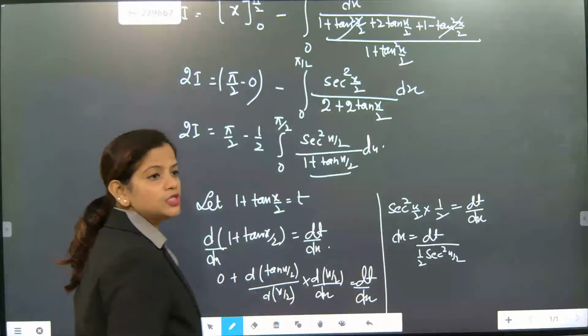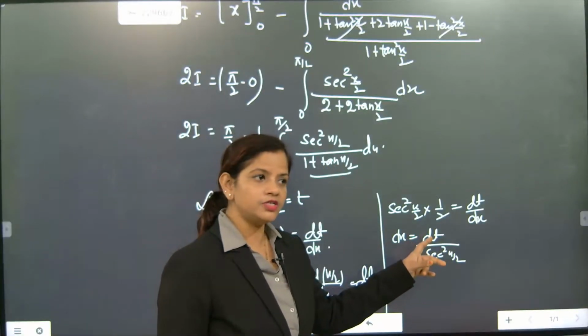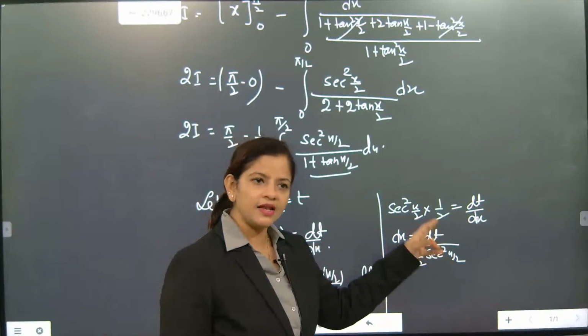So dx is equal to dt by secant square x by 2 into 1 by 2, and this 1 by 2 will go up. It will become 2 dt over secant square x by 2.